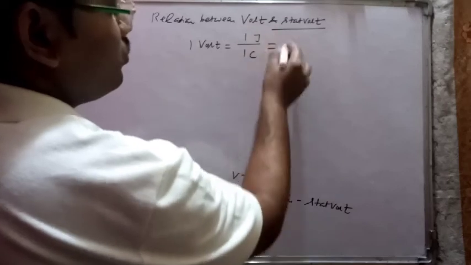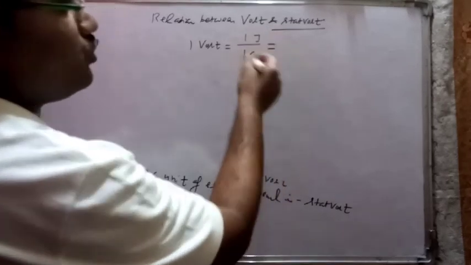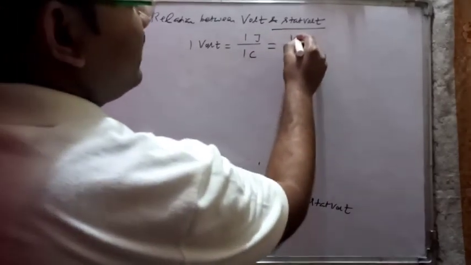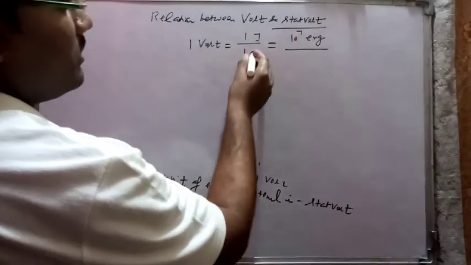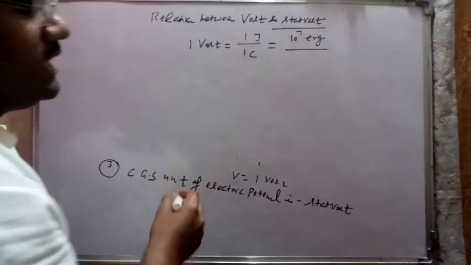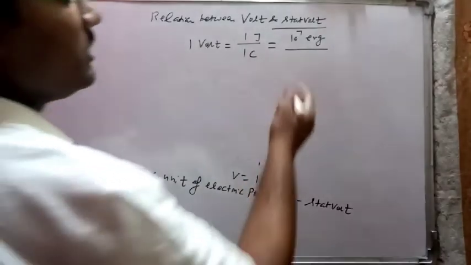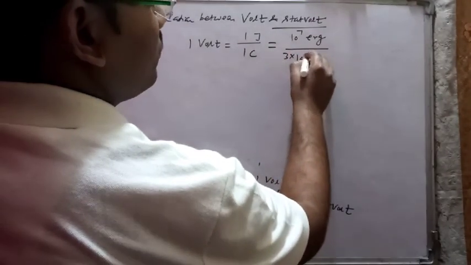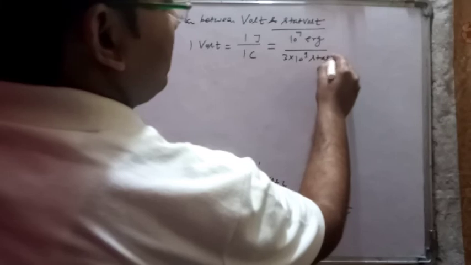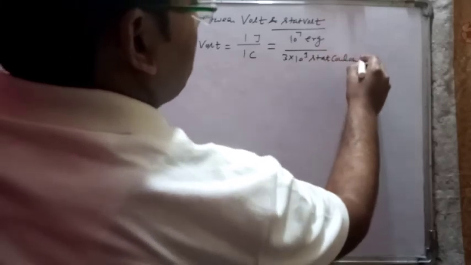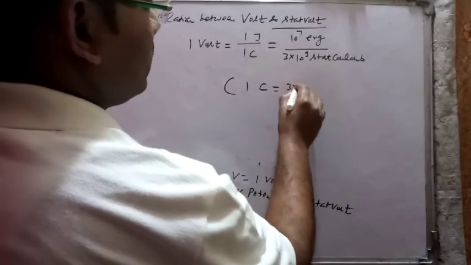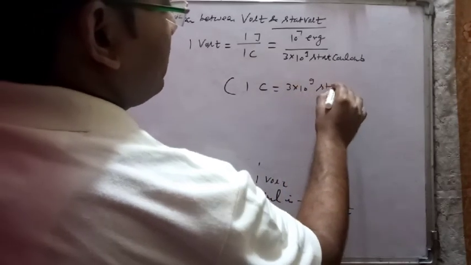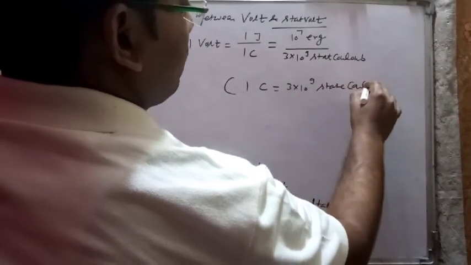Now 1 joule in erg, that means joule in CGS, is 10 to the power 7 erg, and 1 coulomb in statcoulomb is 3 into 10 to the power 9 statcoulomb.